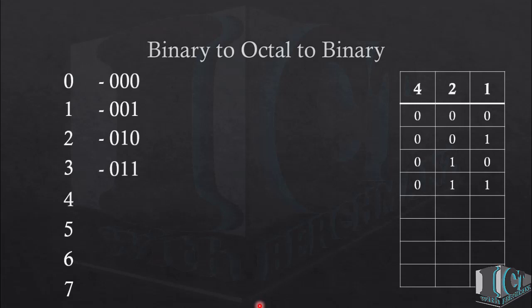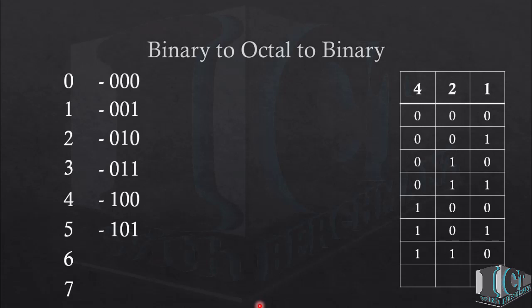Octal 4, I can straight away say there is 1 for 4 and the rest will be 0. And octal 5, I need to add 4 and 1, so the value for 2 would be 0. Then to create 6, I need to add 4 and 2, and for 1 I will have a 0.